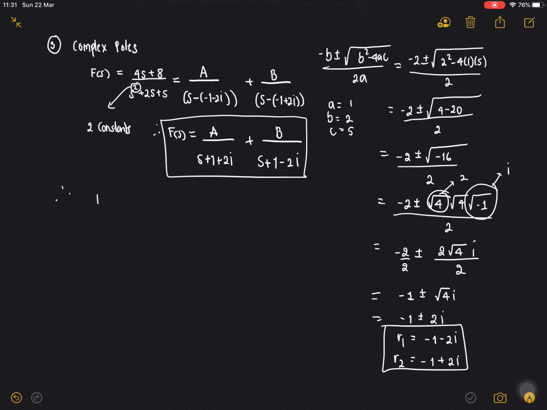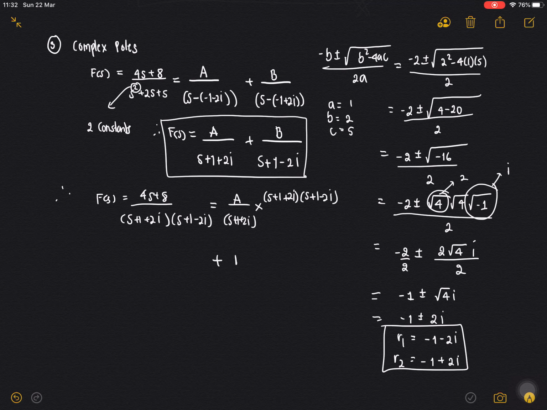So if you continue finding the value of F(s), you will have (4s + x) divided by (s + 1 + 2i) multiplied by (s + 1 - 2i), equaling A divided by (s + 1 + 2i), and then you multiply with (s + 1 + 2i) multiplied by (s + 1 - 2i), and again adding up with B divided by (s + 1 - 2i), multiplied by (s + 1 + 2i) and (s + 1 - 2i).